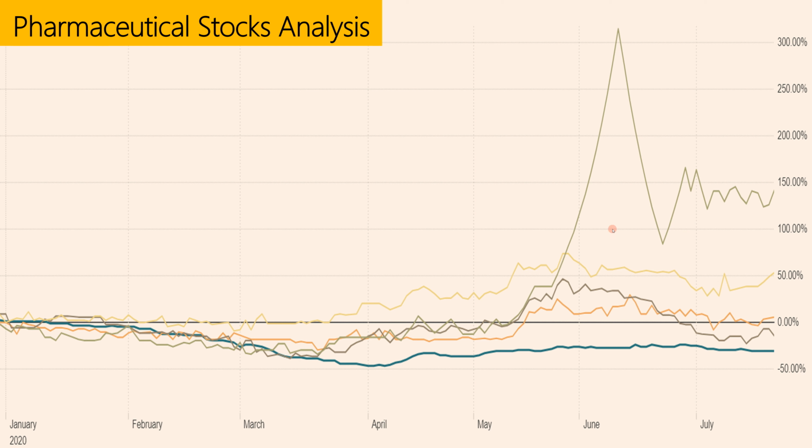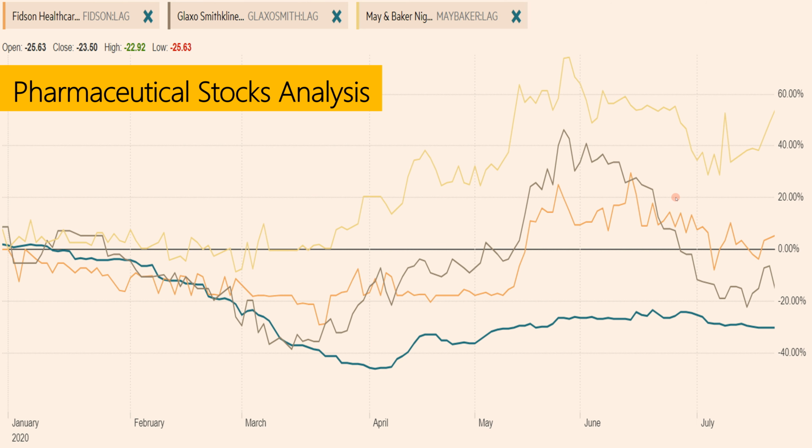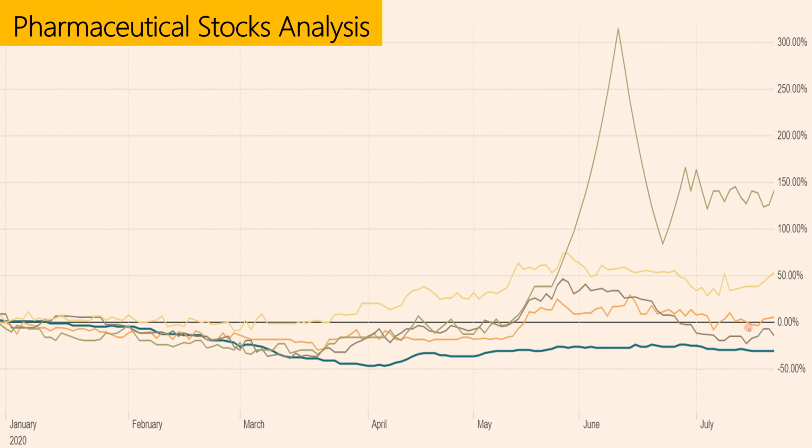Assuming I remove Neimeth, because it compressed the others, I want to see more activity of the remaining three. So on this slide, I remove Neimeth. Okay, this is the legend. This is Fidson and this is Glaxo.